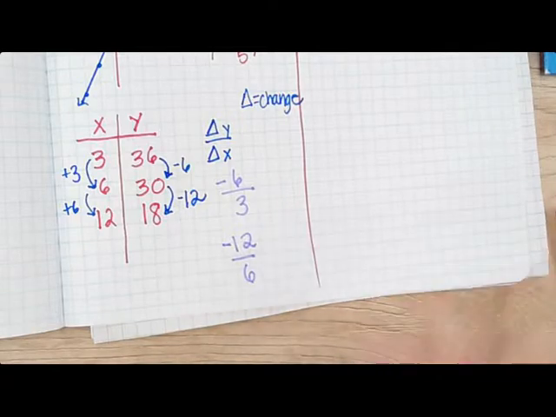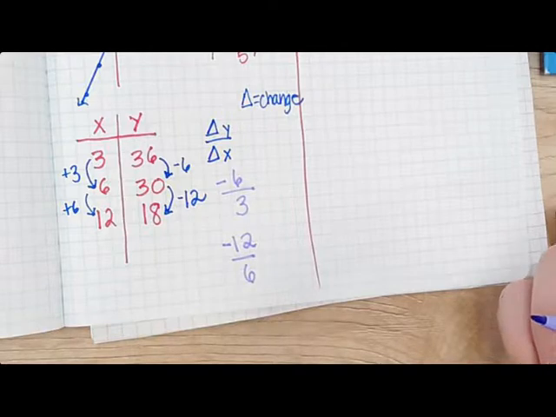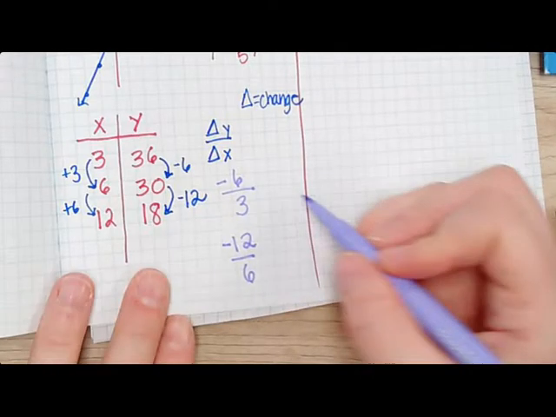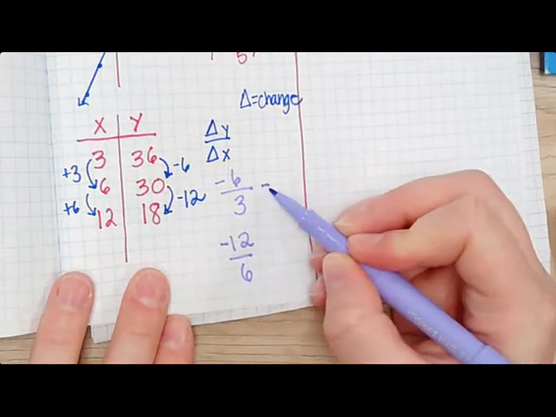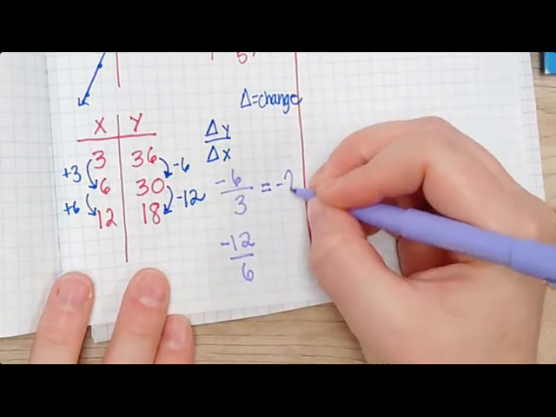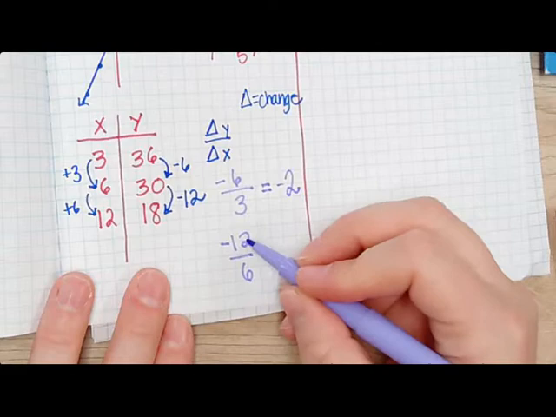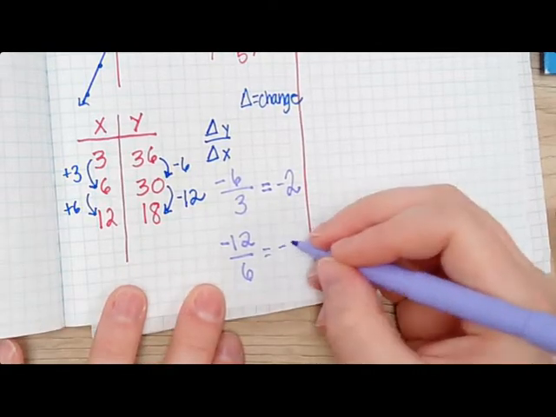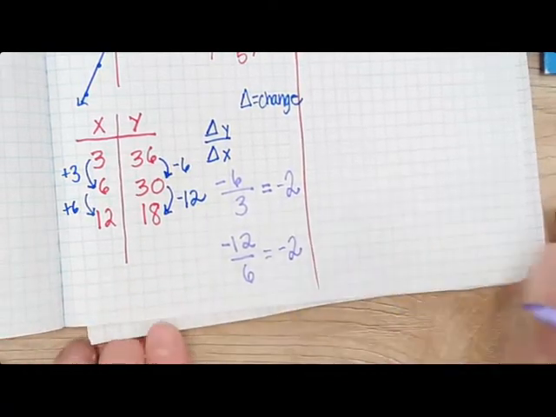How do we know if they're the same rate? What do we need to do? Divide it, simplify it. Okay, so negative 6 divided by 3, what does that equal? Negative 2. And what about negative 12 over 6? Negative 2. So they have the same rate.